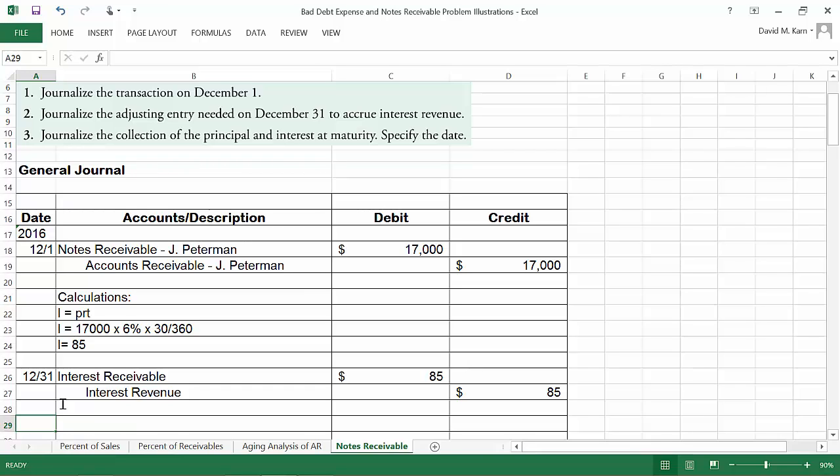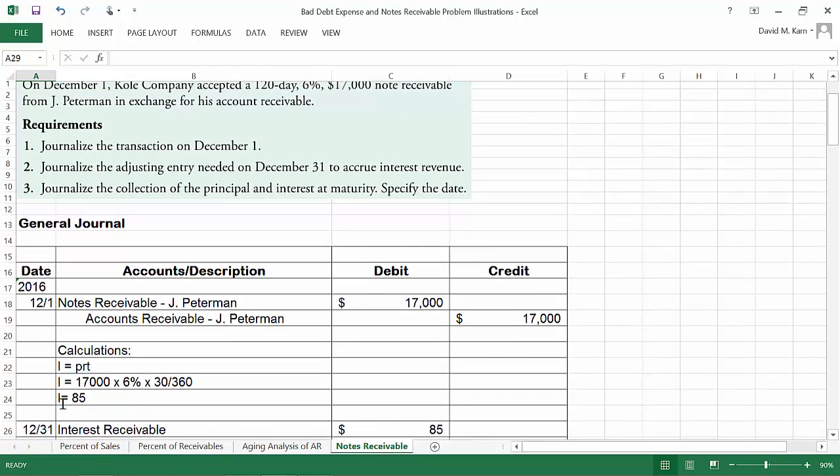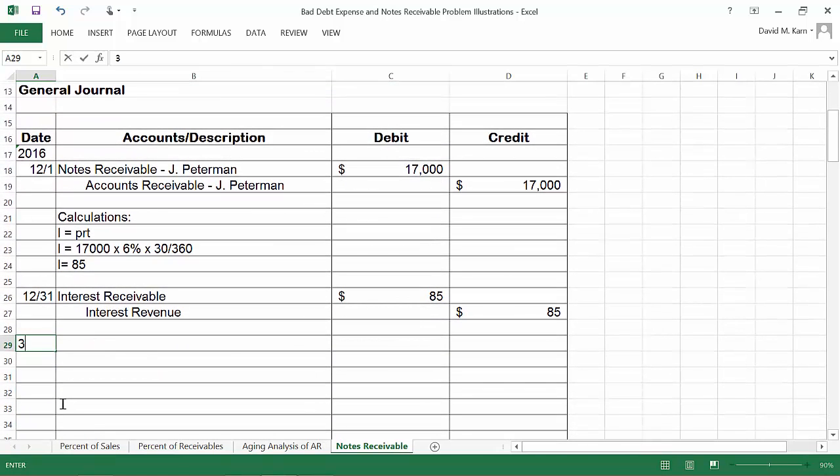Using 30 days for each month gets somewhat confusing for students when calculating the date. Technically, you still have to calculate it properly. But obviously 120 days from December 1st would be a maturity date of March 31st. But we have some calculations to do before we get to the journal entry.